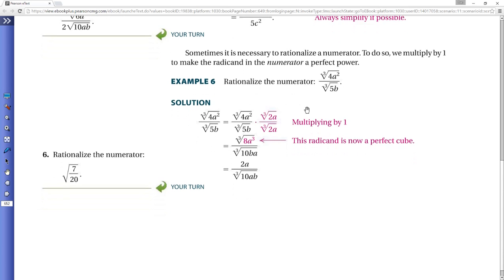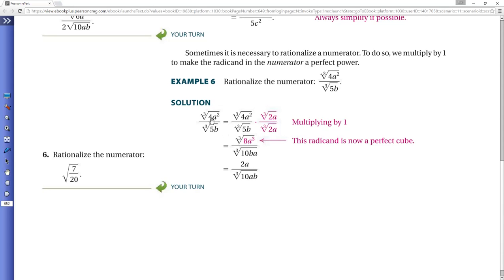Now remember, we're talking about cube roots, right? Well, 4 is 2 squared and a squared, so if I could get this to be 2 cubed and a cubed, I would have a perfect cube. And that's where they get this 2 and this a factors to multiply by.